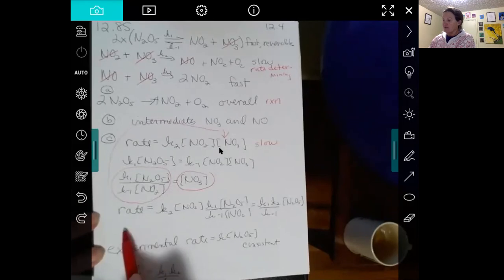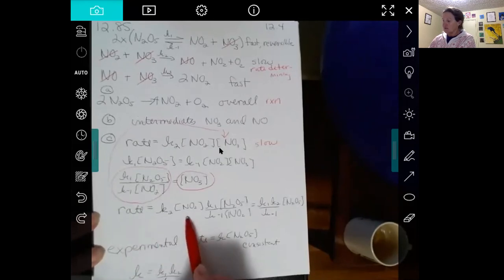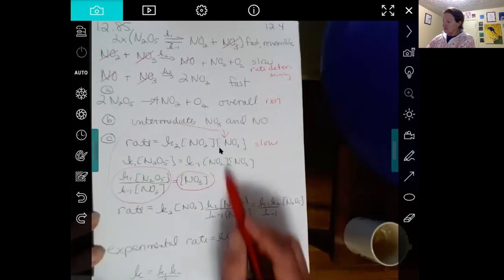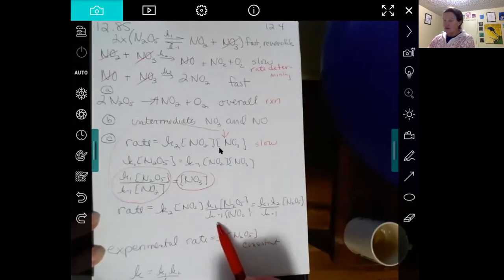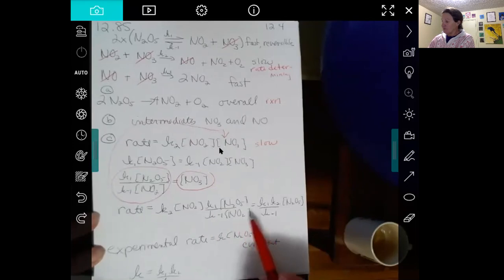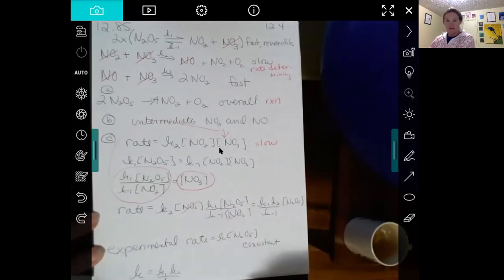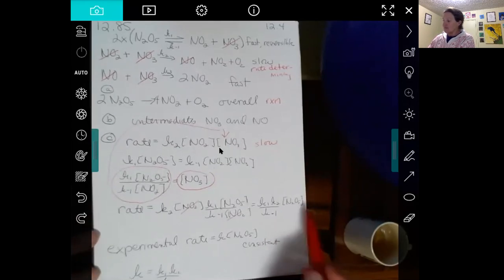And so now we have rate equals k2 times NO2, the first parts. And then I'm going to put in all of this stuff for NO3, k1 over k minus 1, N2O5 over NO2. And when I simplify that, so cross off the NO2 on the top and the bottom, group all the constants together, I end up with k1 k2 over k minus 1, which is just a constant, a ratio of a bunch of constants, times the concentration of N2O5.